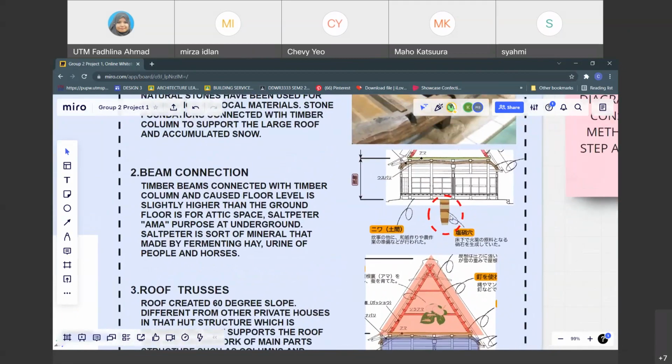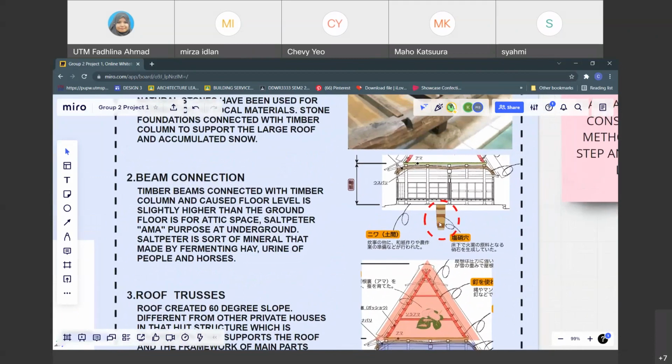Sorry, this is a sort of mineral. Why are they using the urine of people and horses? Is it to strengthen the structure? No, I think it's just waste. Yeah, they put it under the house like this.